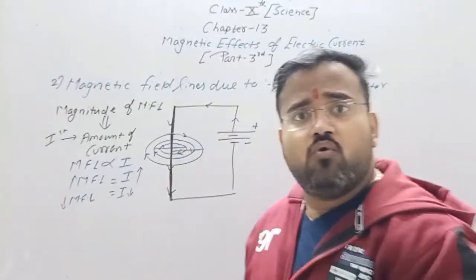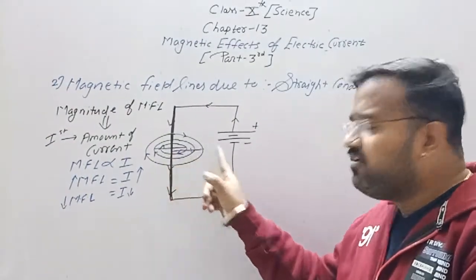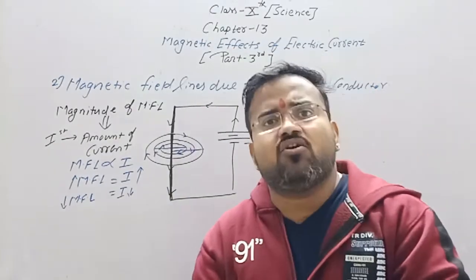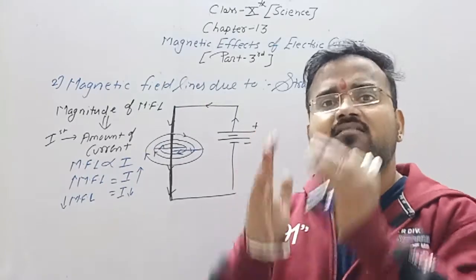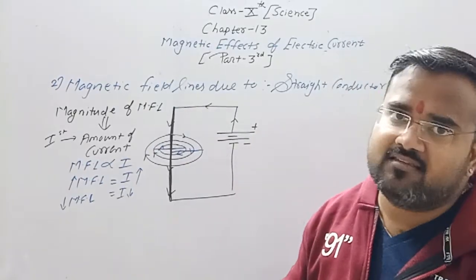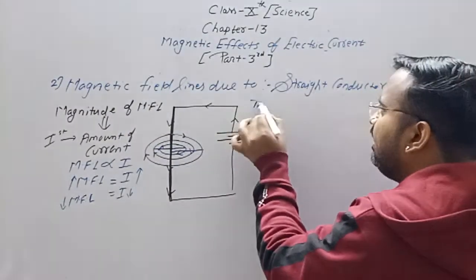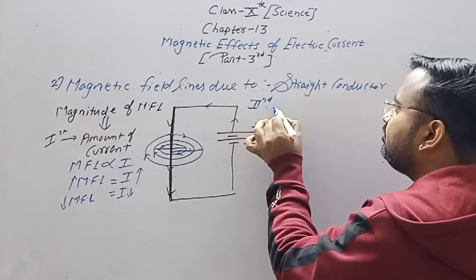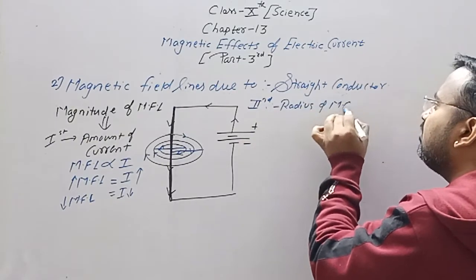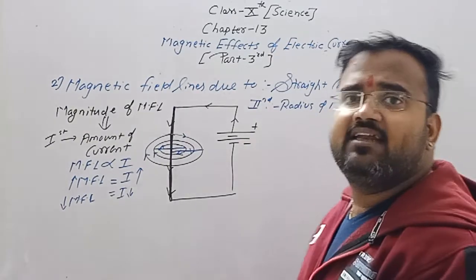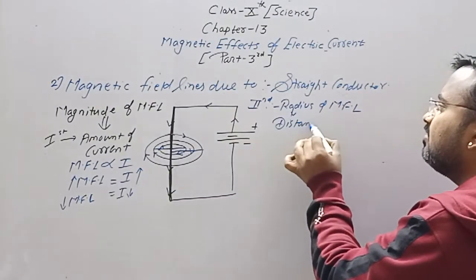So as we go away from the conductor, the strength of the magnetic field decreases. So the second factor is the radius of the magnetic field lines, or the distance. Instead of radius I can write distance.